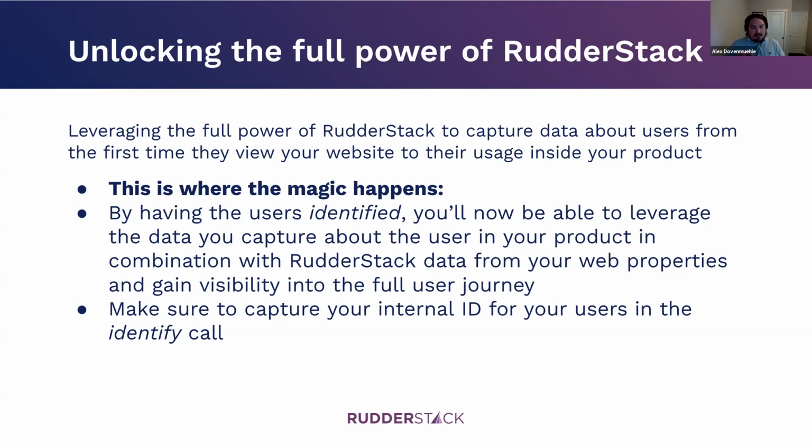So yeah, the other thing I would say is, if they sign up for your cloud product and you create a user record in your database, send that internal ID in your identify call, because it makes everybody's life a whole lot easier on the back end. That's where you can really start tying together all the events, from your internal product data to your product event data to your marketing web page data.